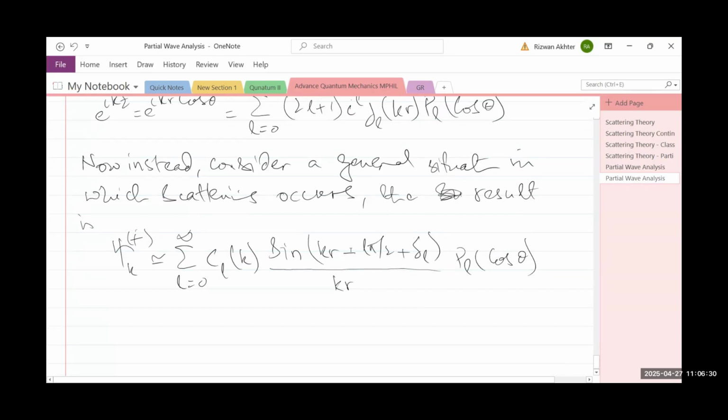And now if we write its solution in terms of the exponential function, then that would clearly represent the outgoing wave and the incoming wave.